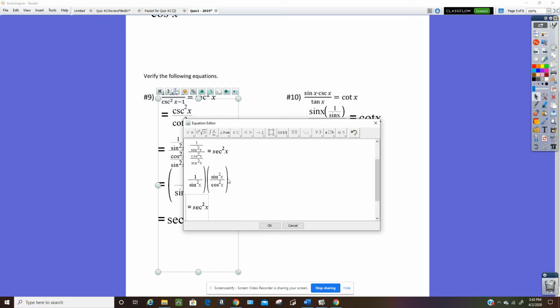Right over here. So you carry the secant squared x all the way down here. And the final step, yes, the left side equals the right.